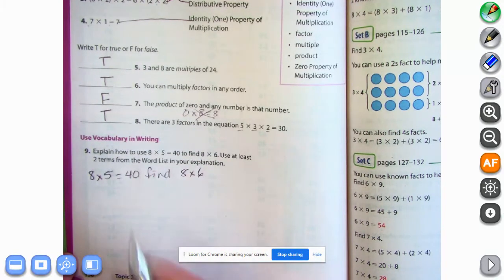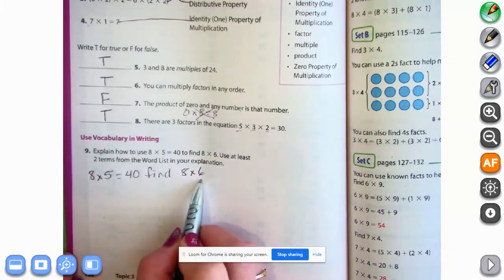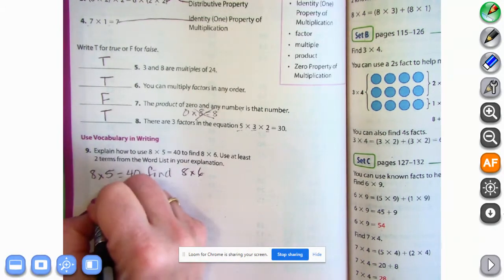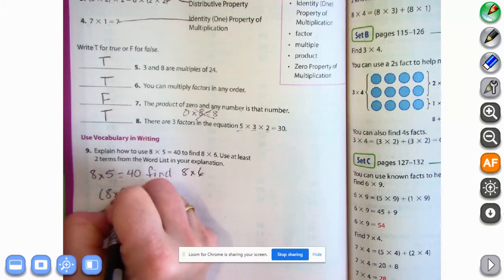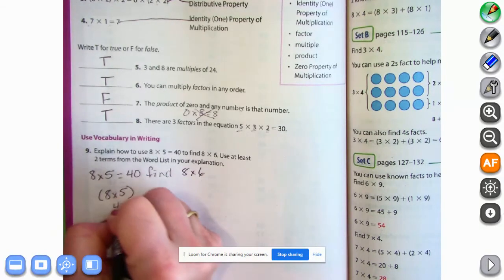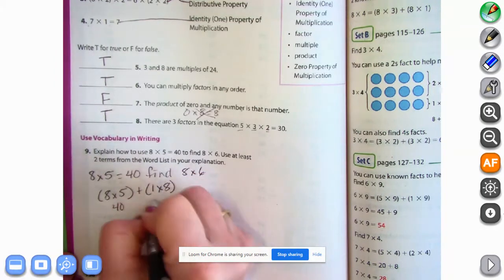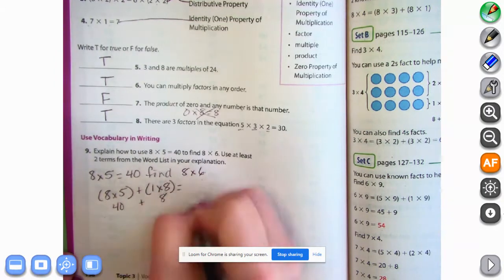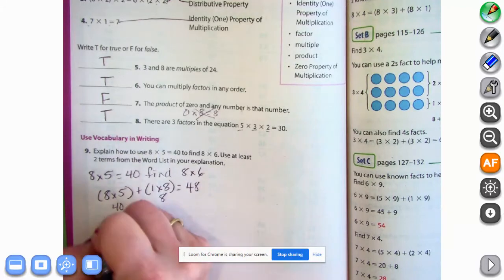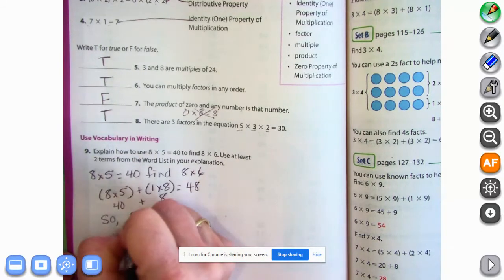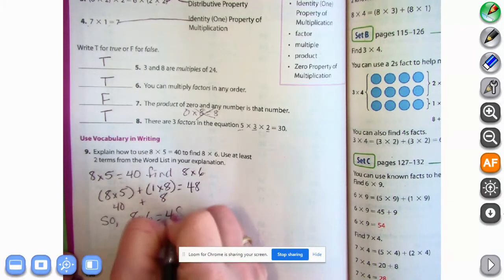So 5 is 1 away from 6, right? So we can do 8 times 5, and we already know that's 40, plus 1 times 8, which is 8, equals 48. So 8 times 6 equals 48.